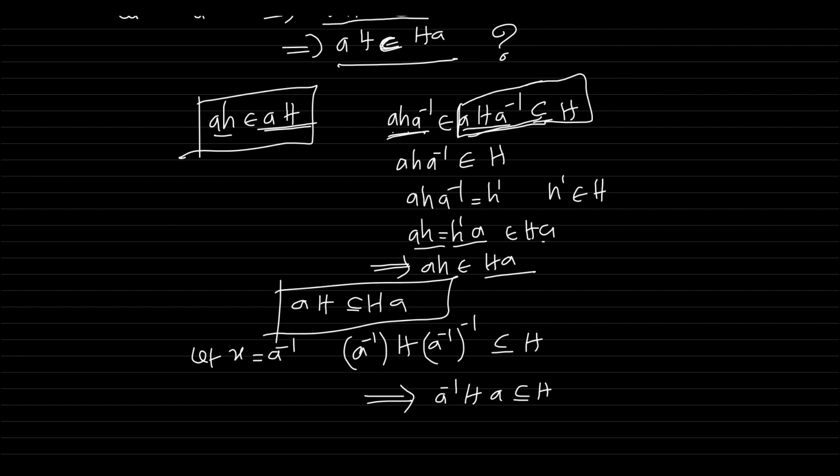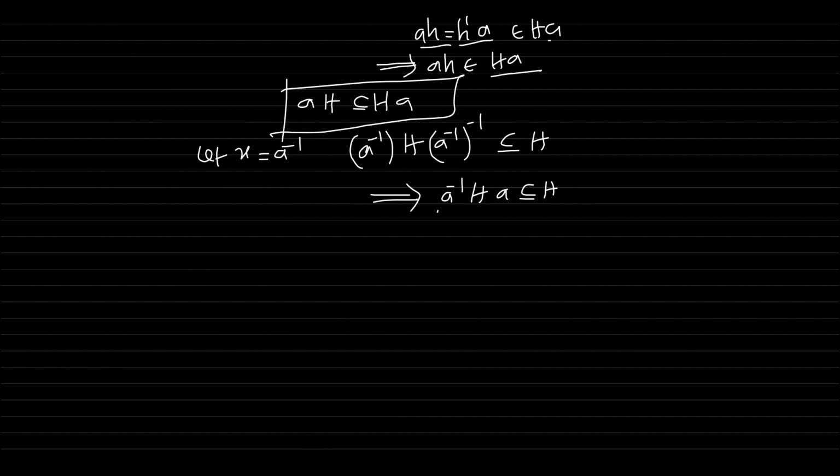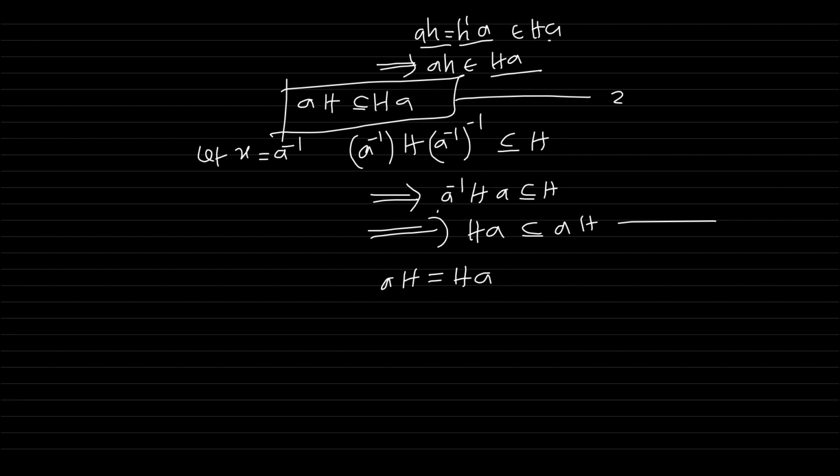In the same way, we can prove that a inverse Ha contained in H implies that Ha is contained in aH. So from these two inclusions, we can conclude that the left coset aH is equal to Ha. So we can say that for any a in G, aH is equal to Ha, hence H is a normal subgroup of G.